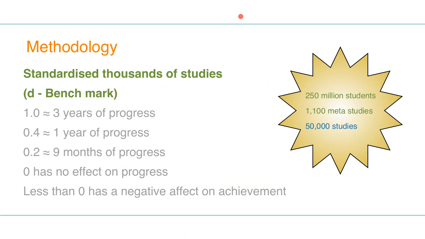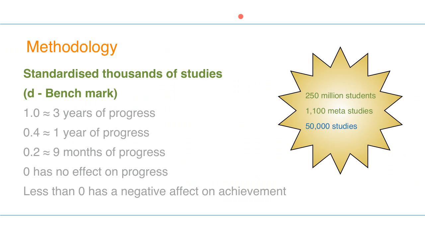Okay, so the methodology that he used, he basically benchmarked thousands of these studies. As I said, this is looking at data across 250 million students and over 1,000 meta-studies. So benchmarked it, and these values that I'll be showing you later, a value of 1 is roughly equivalent to a difference of 3 years of pupil progress.